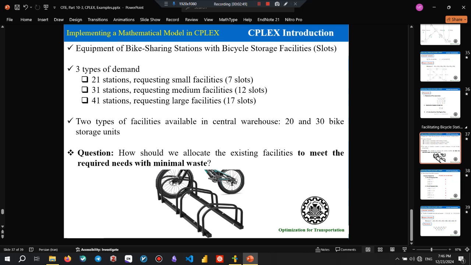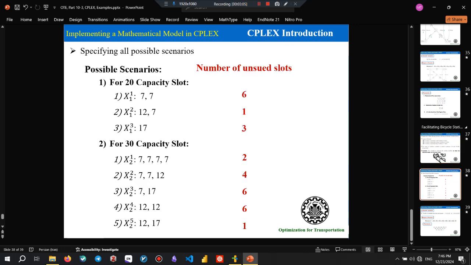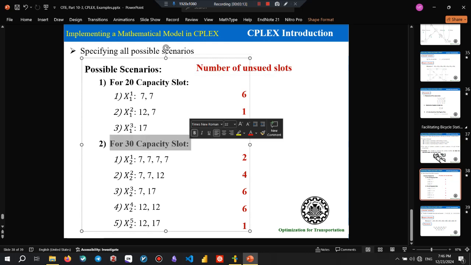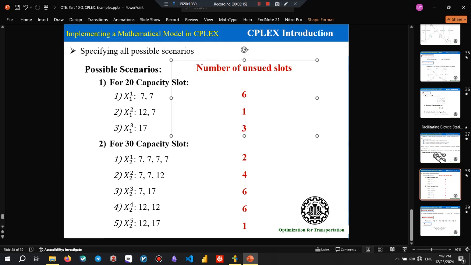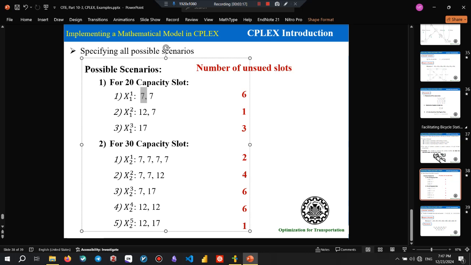Okay, so there are three scenarios, and there are two types of slots for this one, right? So you have to just write down every possible scenario. For the 20 capacity slot and for the 30 capacity slot, we want to write down all possible scenarios.